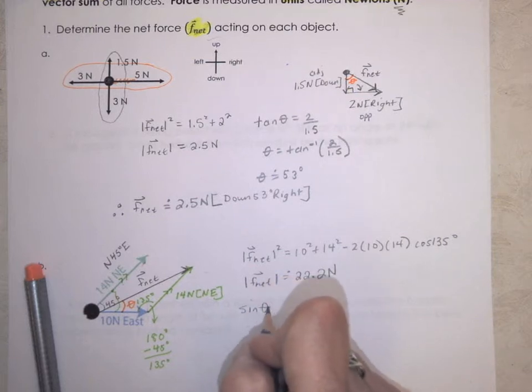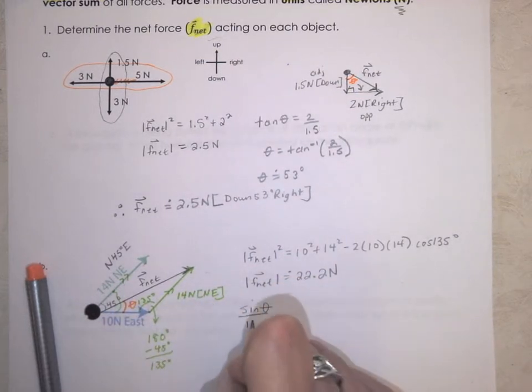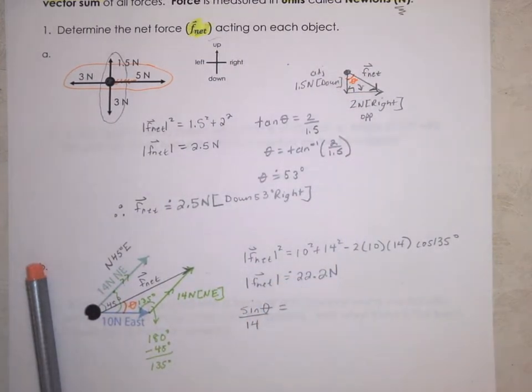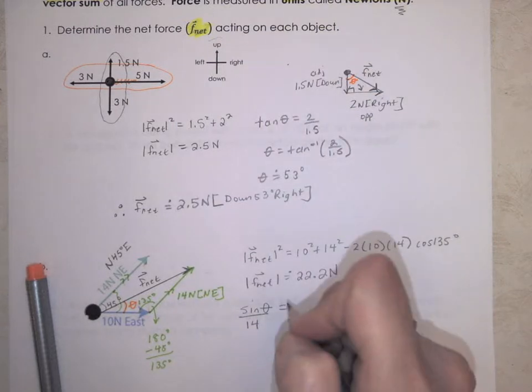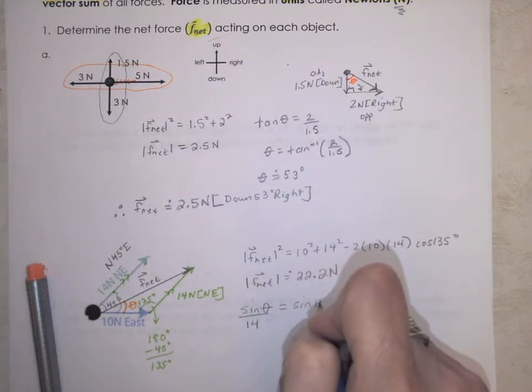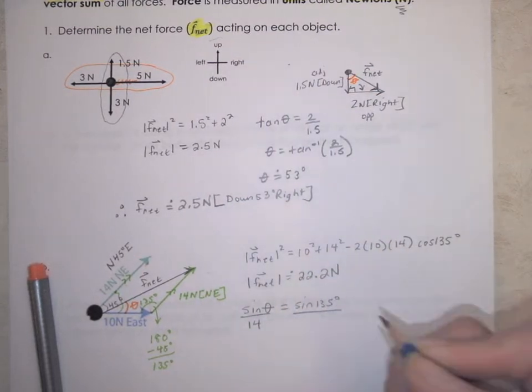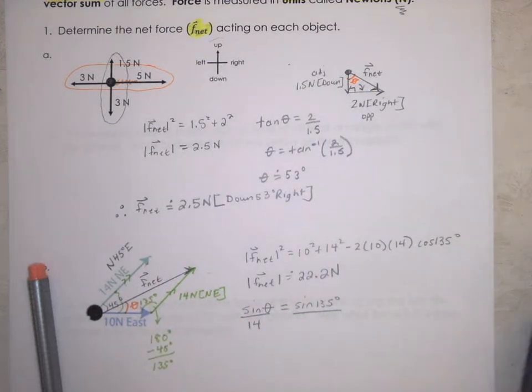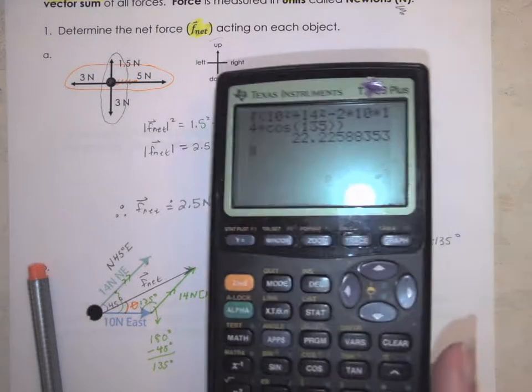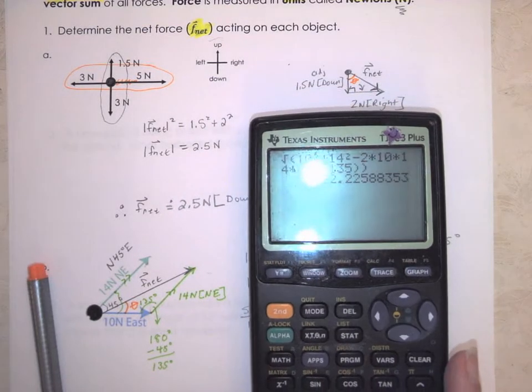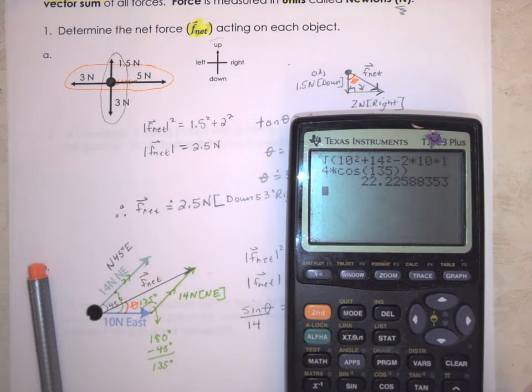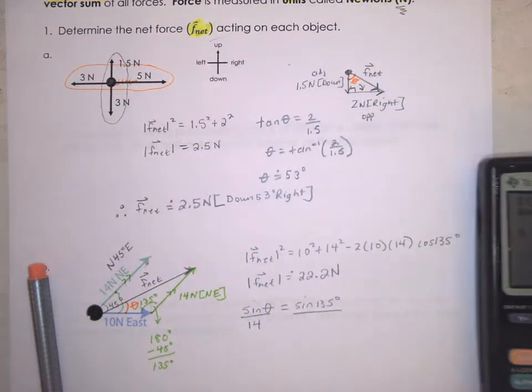So sine law: sine of theta over the opposite side, which is 14, the magnitude of the opposite side, is equal to the sine of the angle we know, 135 degrees, over the magnitude of F net, which we have on our calculator, is approximately 22.2259.